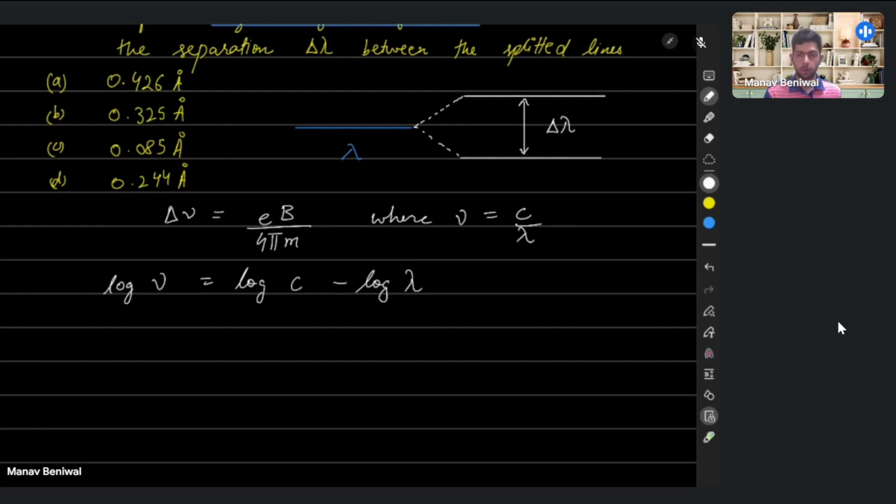Okay, now when we differentiate this equation, because c is a constant, it will just vanish, and differentiation of log x is 1 over x, so delta nu over nu will become minus delta lambda over lambda.